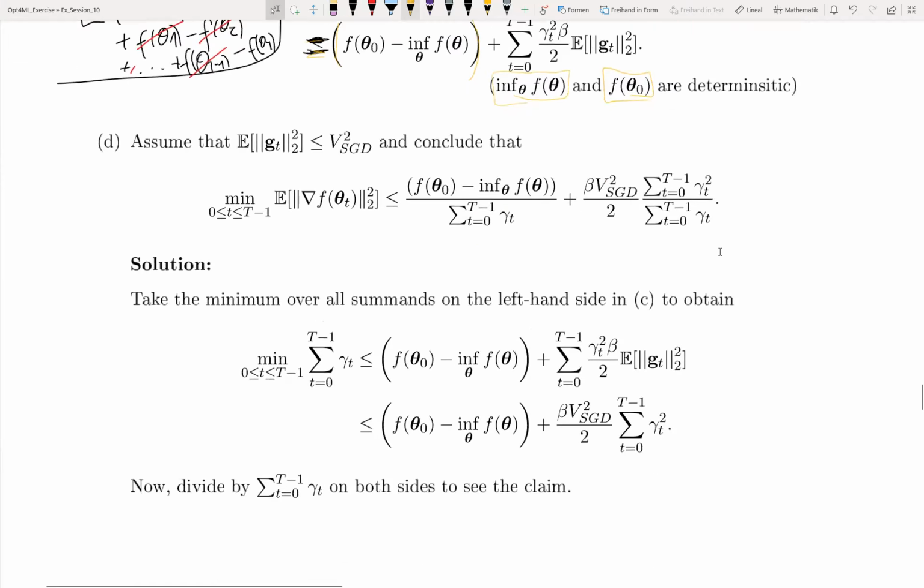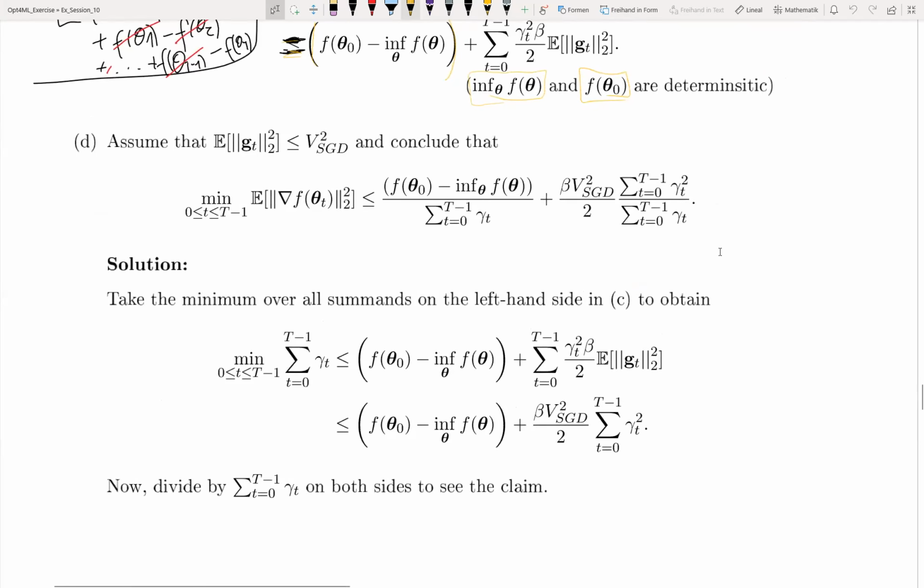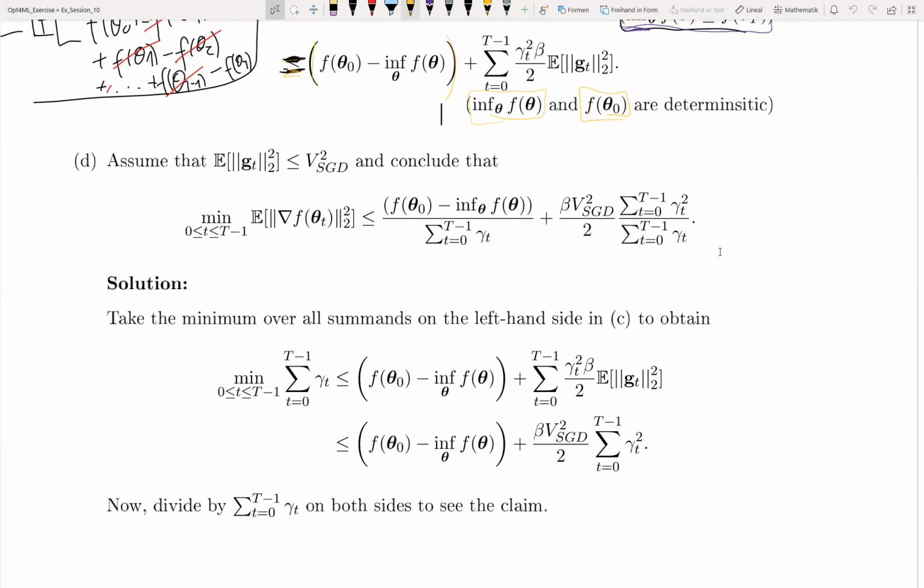And now, from here, it's not that difficult to go to the next inequality. Namely, we assume, similar to the theoretical analysis we had in the lecture, that the expected stochastic gradient norms are bounded by some constant. So how can we use this?